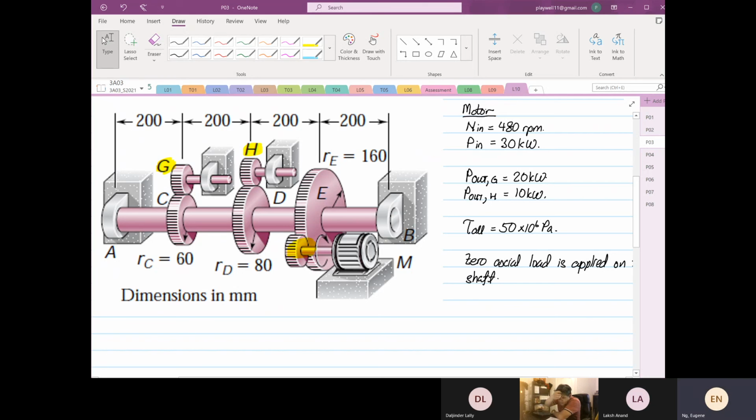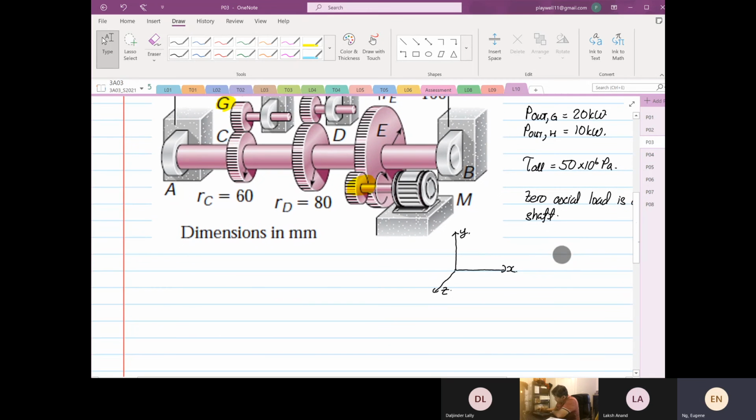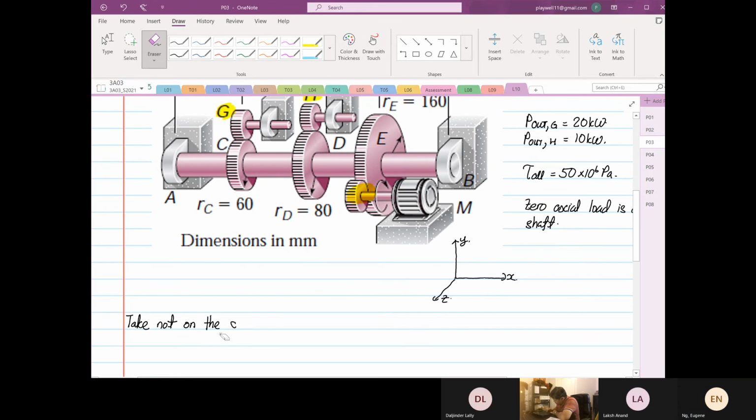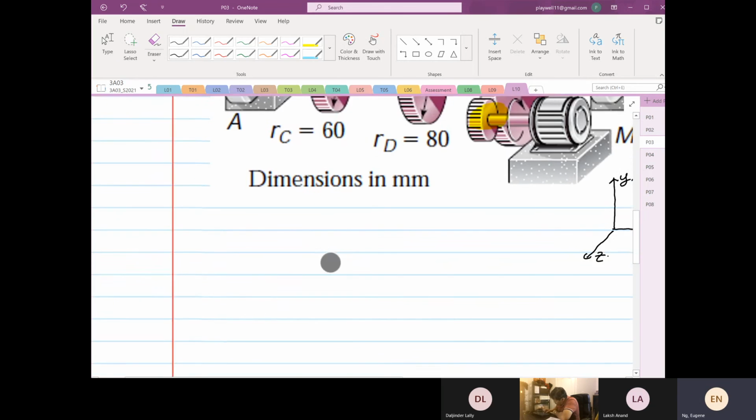So this is my X, and then I decide to call this Y and Z. So we are going to take note.